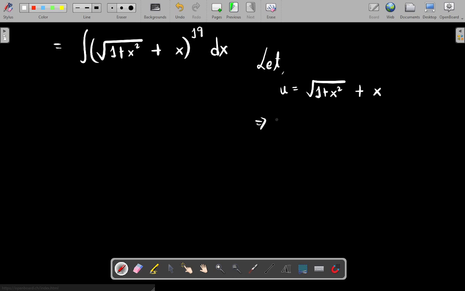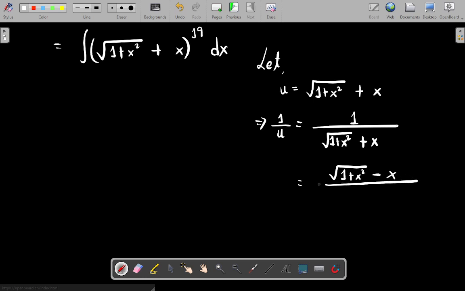Now I need to find out du, but before that I'm just finding the value of 1 by u. So 1 by u will become the reciprocal of this, right? So this becomes 1 upon (square root of 1 plus x square plus x). If I try to rationalize this, this will become square root of 1 plus x square with the conjugate, which is minus x, and in the denominator I'll multiply this term and this term together.